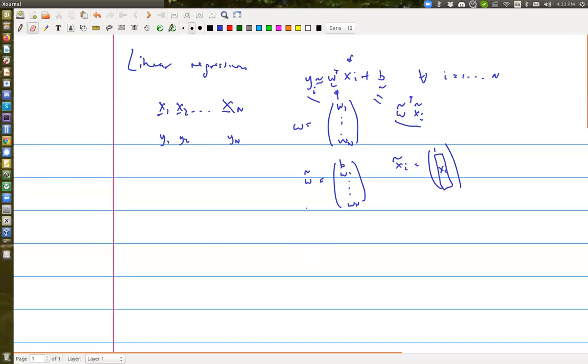Therefore we want the sum over i equal to 1 to n of yi minus W transpose xi to be minimized. That is, the second norm should be small. You expand that, then minimize over W.